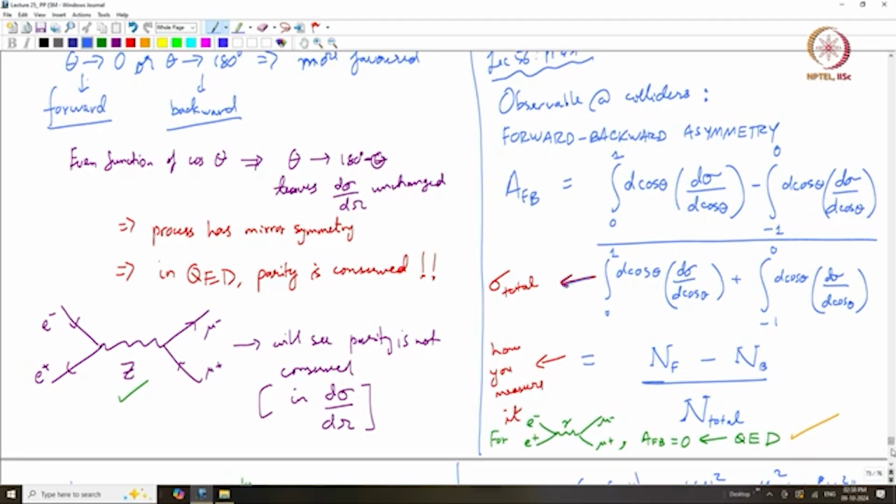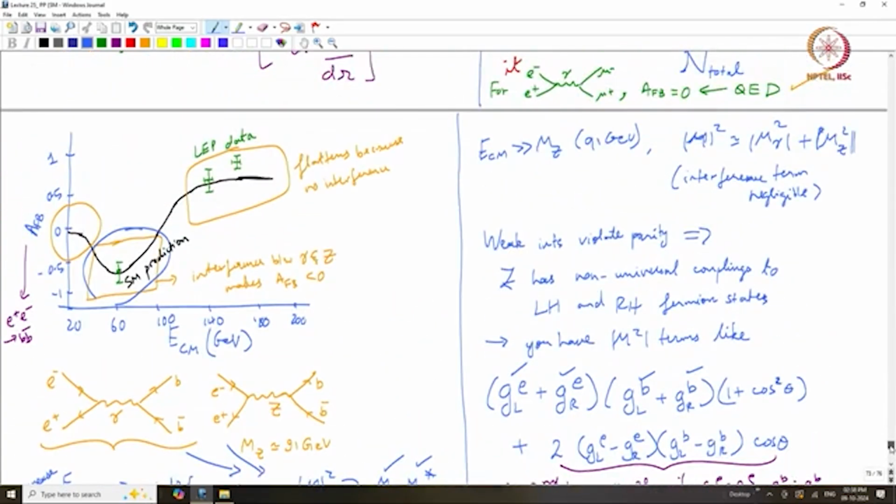The forward backward asymmetry is when you count all the events in the forward direction, count all the events in the backward direction, take the difference and normalize by the total number of events, which remember turned out to be 0 in QED because parity was conserved in QED, but no business for it to be 0 in the weak interactions generally, especially those mediated by the Z boson, W boson and so on.